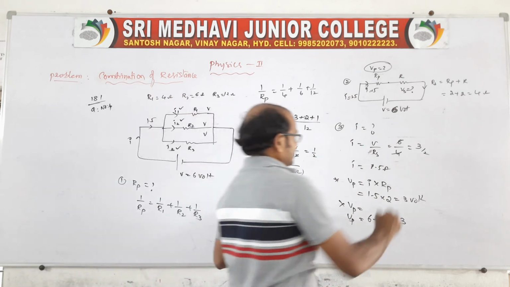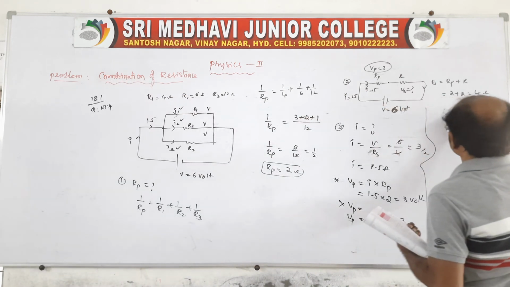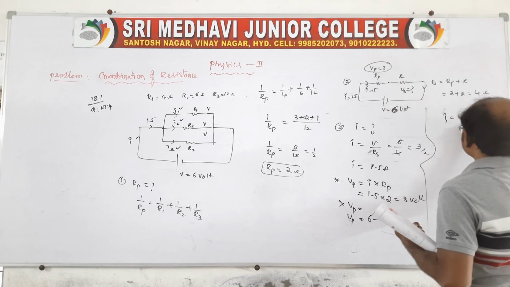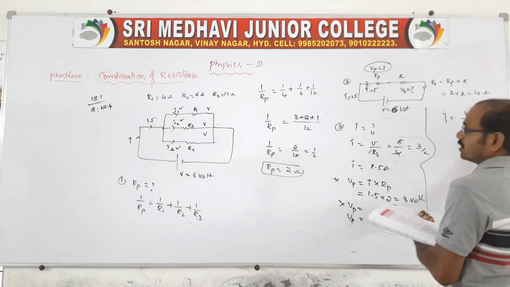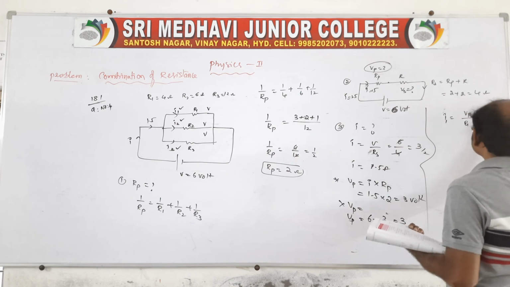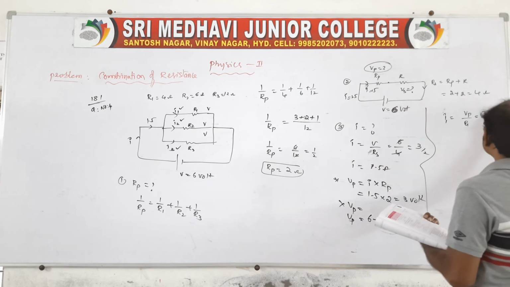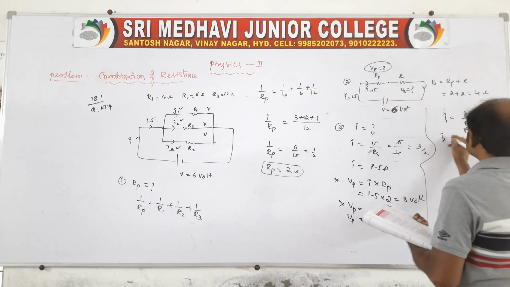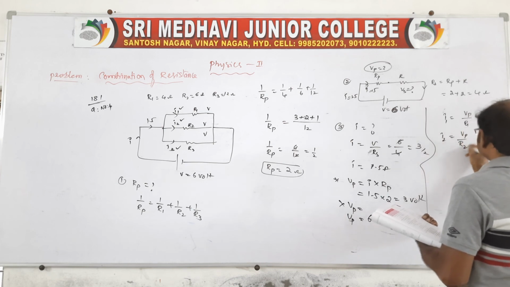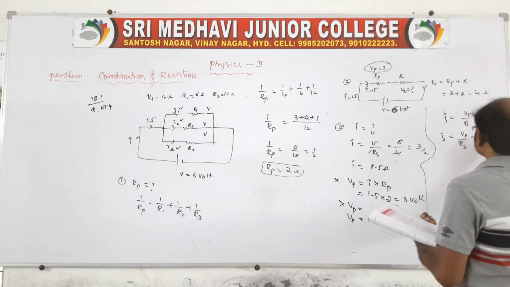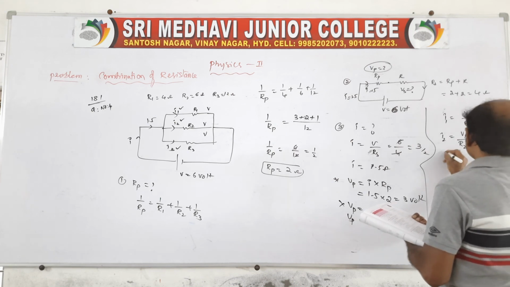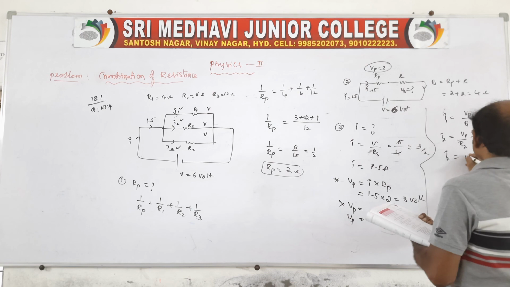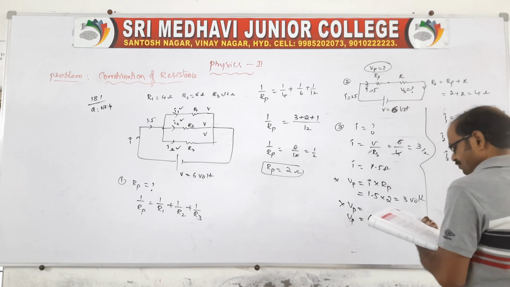Now you get the currents. I1 is equal to Vp by R1. Vp is 3 and R1 is 4 ohm, so we get approximately 0.75. I2 is equal to Vp by R2. Vp is 3 and R2 is 6, so that is 1 by 2, I2 is equal to 0.5.